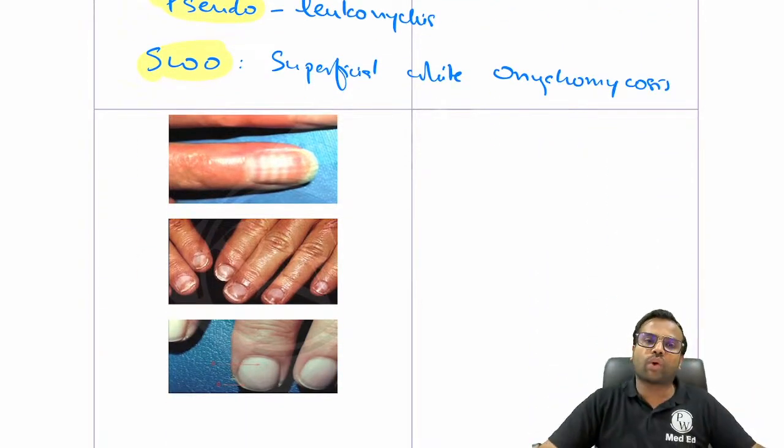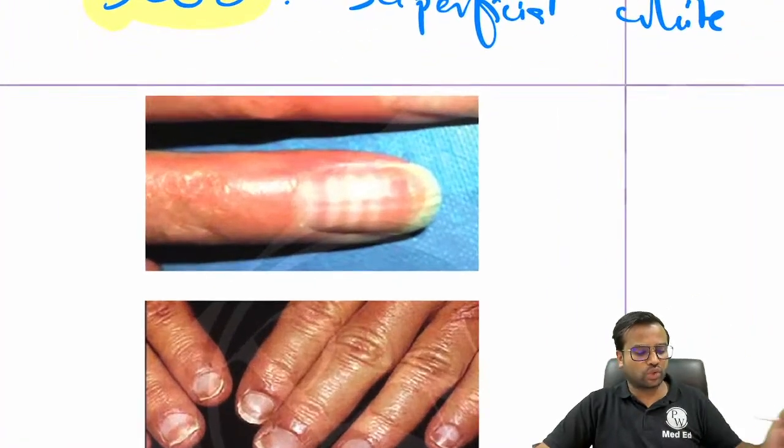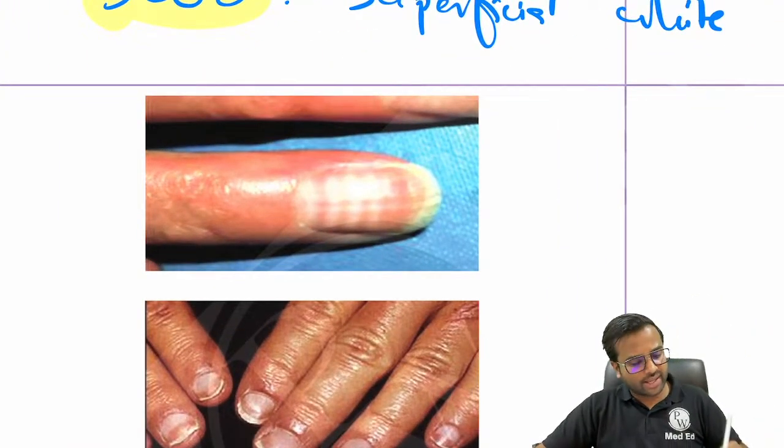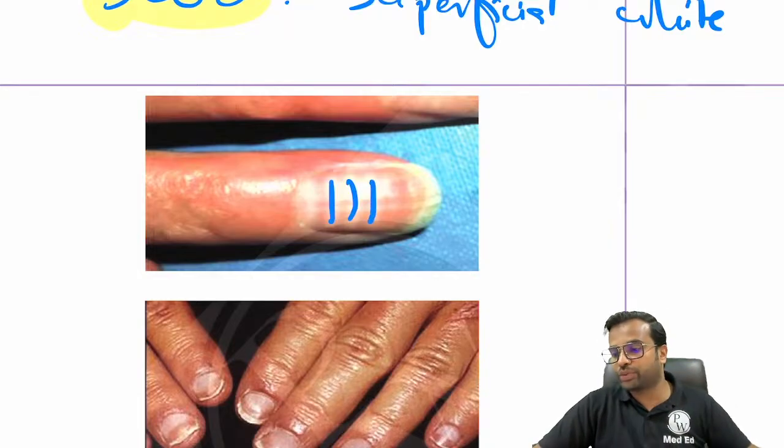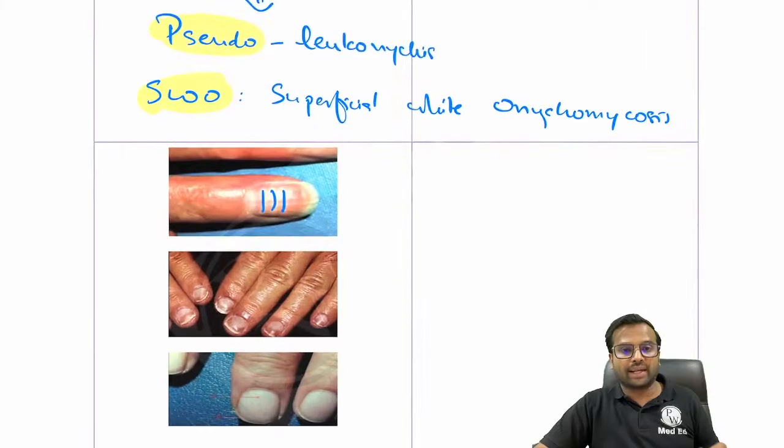The next one, I'll zoom this image for you. I can see that there are multiple parallel white lines like this. When you see these kinds of parallel white lines, what should be your diagnosis? Yes, I'm getting the answer: this is Muehrcke's lines. Very good.